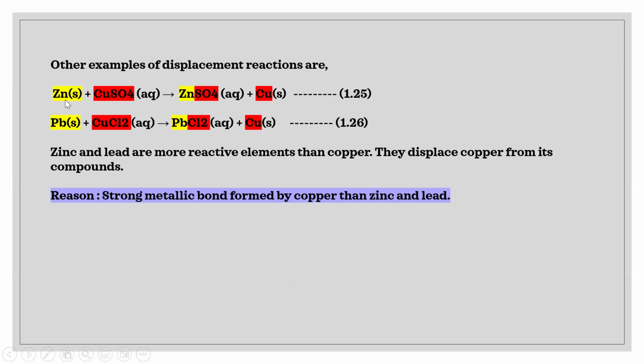Zinc and lead also form stronger bonds, but comparatively, copper will form a much stronger bond. That's why the bond between copper and some other element is very hard to break, whereas zinc and lead bonds can be easily broken, so they are more reactive. If it can be broken easily, then it is more reactive. If the bond is stronger, then it is less reactive.